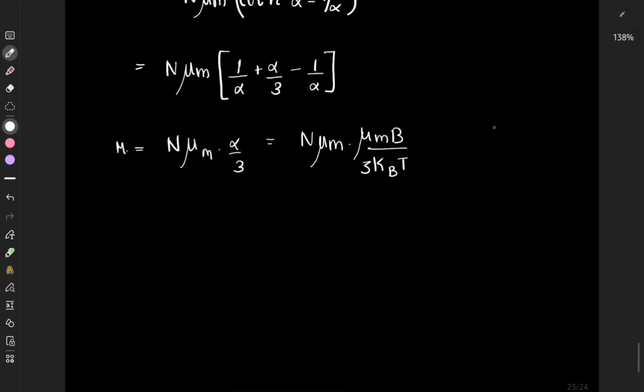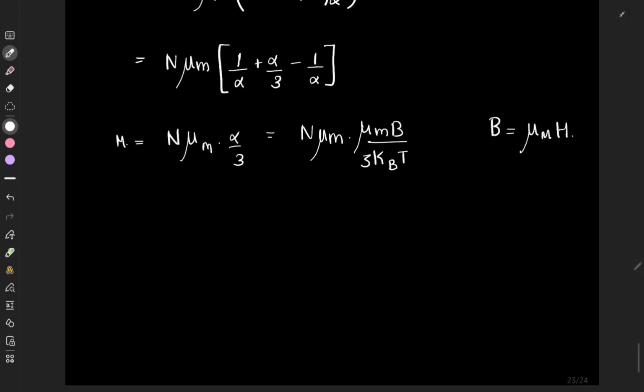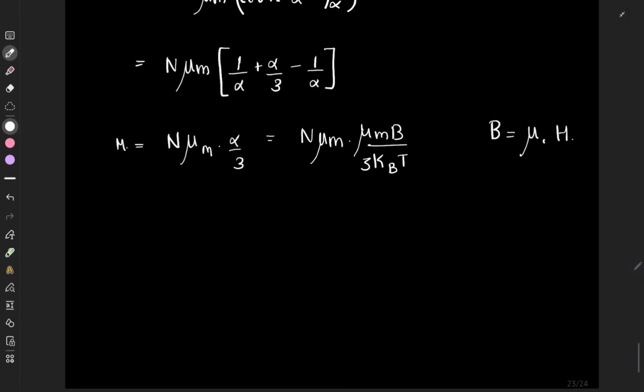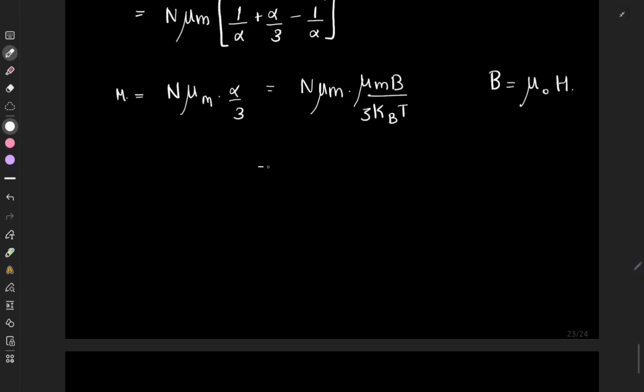So you got the equation for m. Now you can find susceptibility from here. Susceptibility psi is equal to m by h.